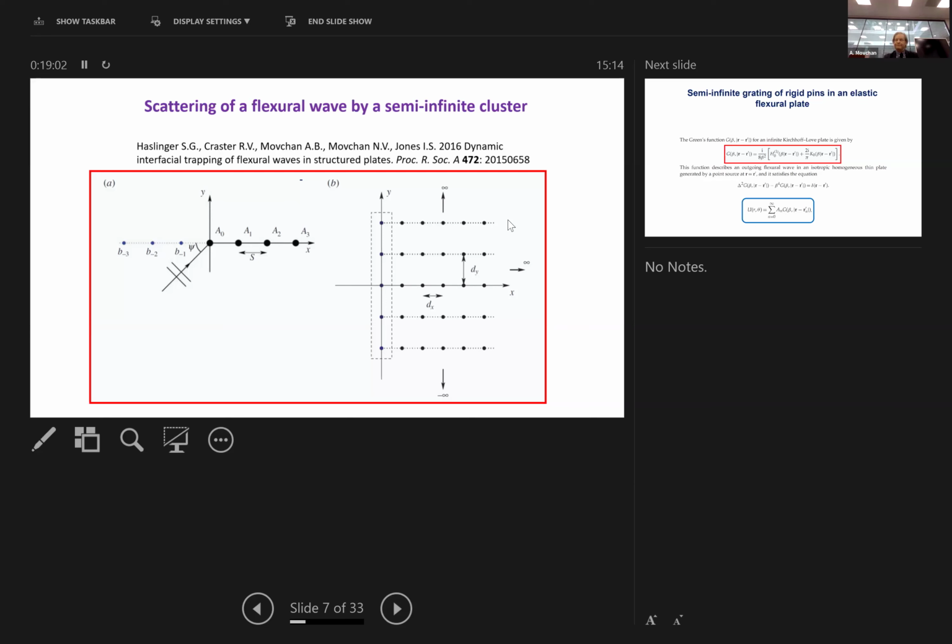Think of this table being semi-infinite in that direction. Okay, and then what I do, I say I'm going to nail that part of the table to the rigid foundation. Okay, and I have a semi-infinite array of nails. Can you see these nails? Right.